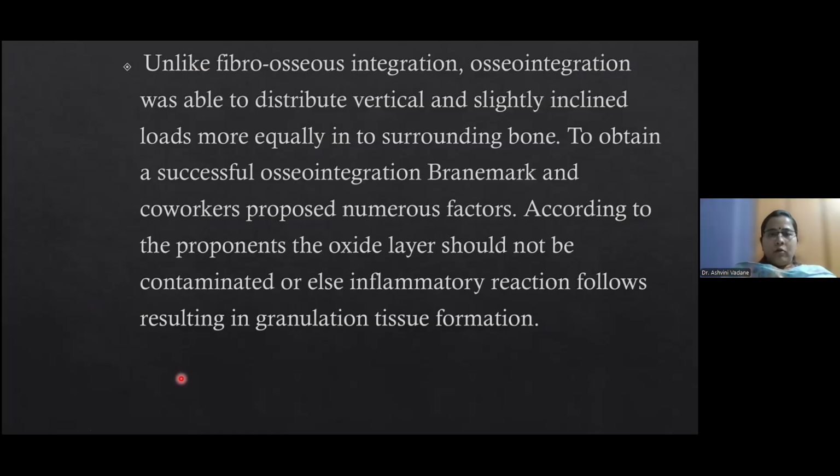Unlike fibro-osseous integration, osseointegration was able to distribute vertical and slightly inclined loads more equally into the surrounding bone. To obtain a successful osseointegration, Brånemark and co-workers proposed numerous factors. According to the proponents, the oxide layer should not be contaminated, or else an inflammatory reaction will follow, which will further result in complications like granulation tissue formation.